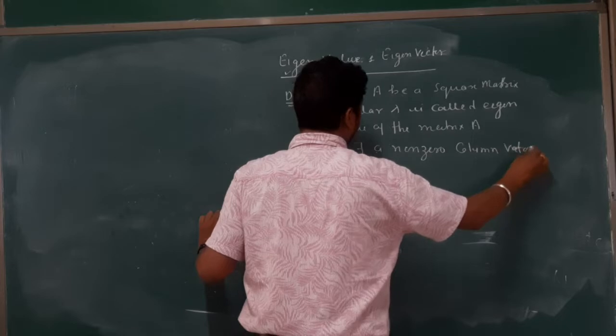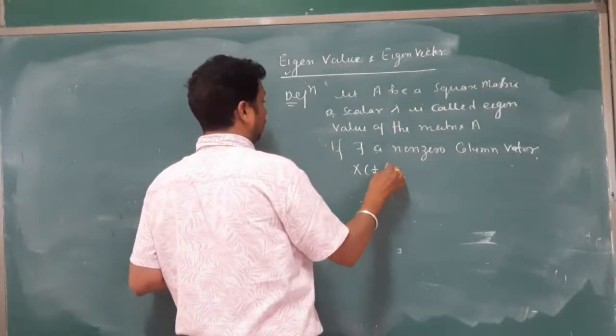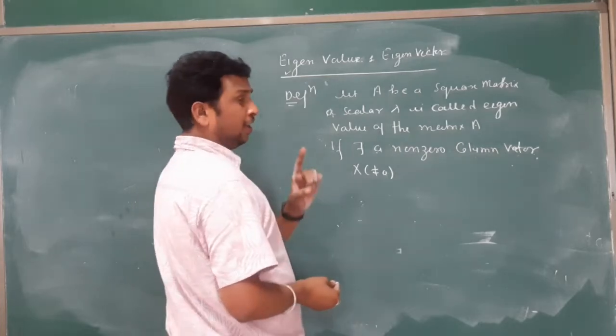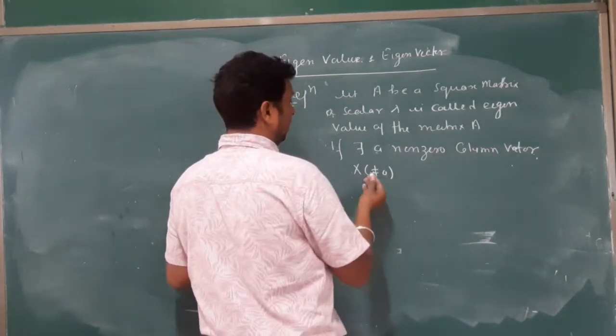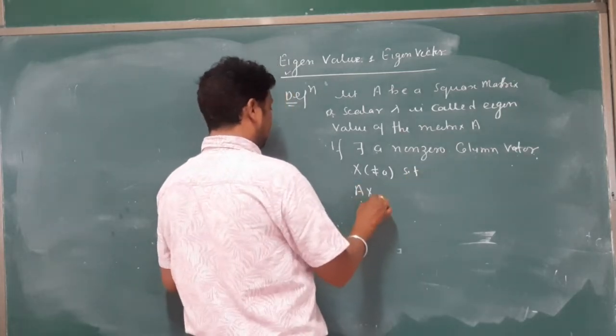What is a column vector? A matrix which has only one column is called a column vector. X non-zero such that Ax is equal to lambda x.